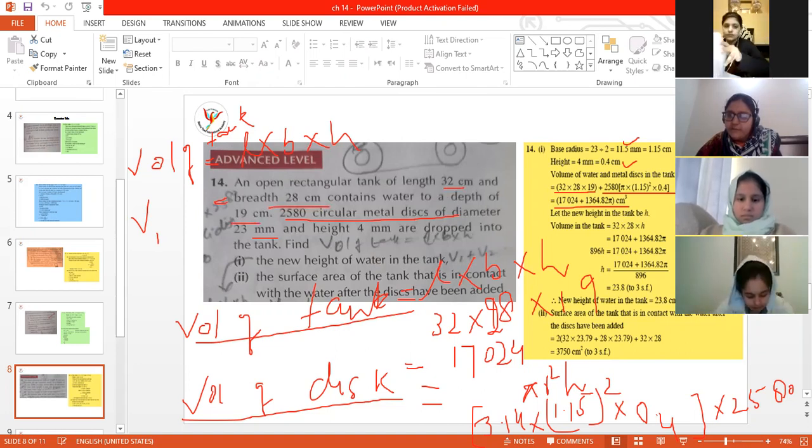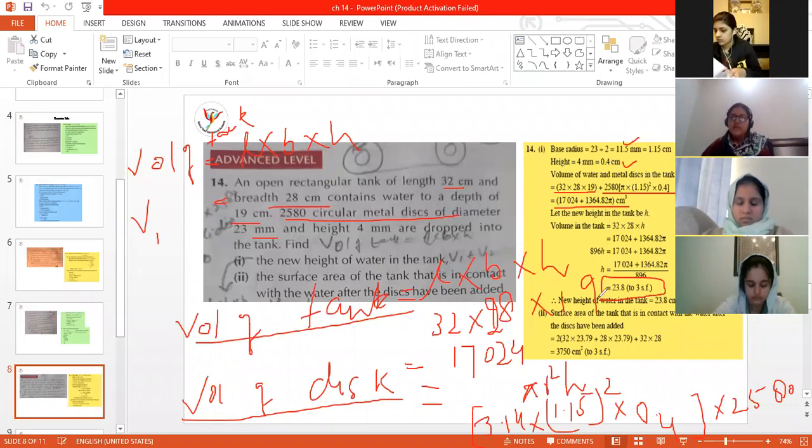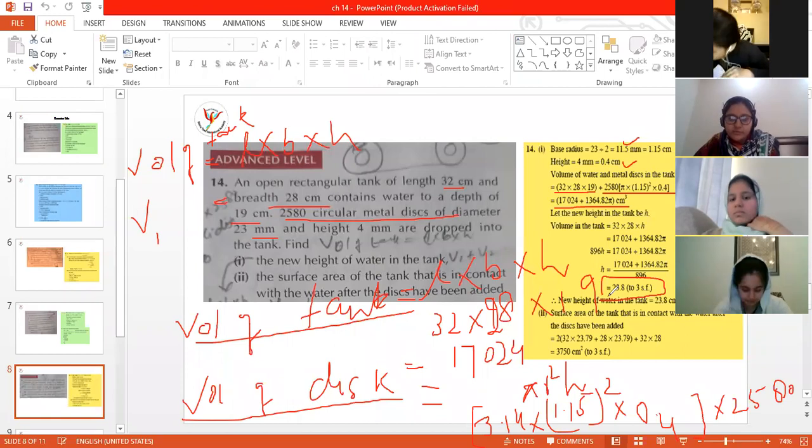According to this, we will be able to find the height. The height is 23.8 to 3 significant figures. Your answer may vary, like 21.9 or 22.9, but he has taken it to 3 significant figures. The answer is 23.8 centimeters.